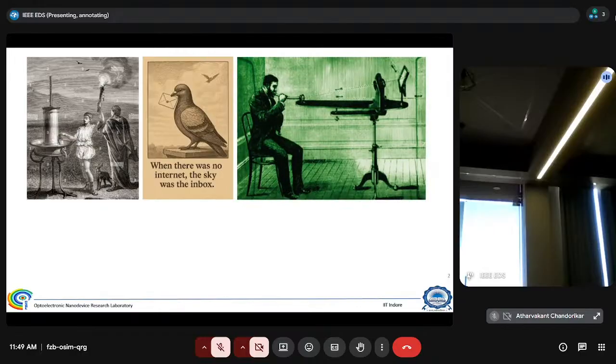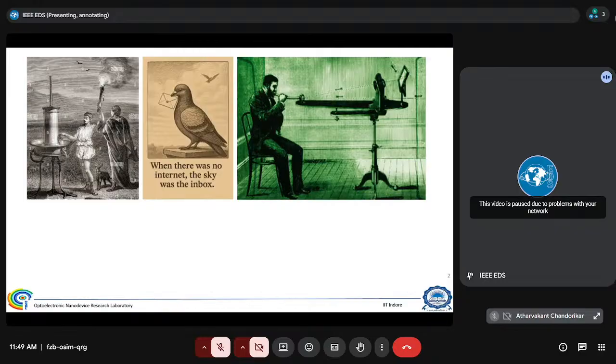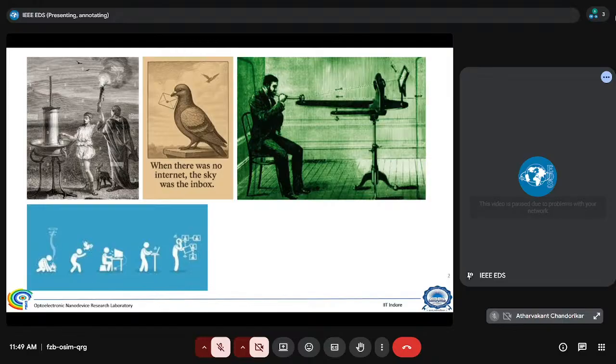Then this was the breakthrough in communication when Graham Bell tried to connect Boston and Cambridge through his photophone transmitter and receiver. And it was the first time when he used sunbeams to connect for communication.